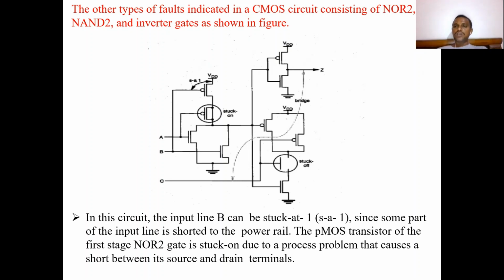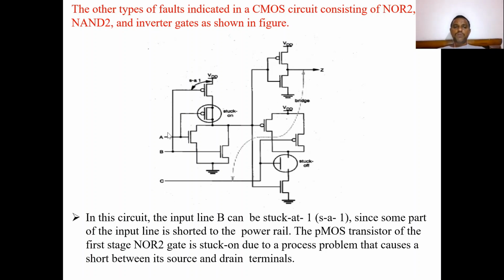So that is the stuck-at-1 fault we will always get. Whatever you apply at B, it cannot be applied to this gate because it is always shorted with VDD. Suppose B is equal to 0, it cannot be applied at this gate because it is shorted with VDD. So this is the stuck-at-1 fault we will consider.